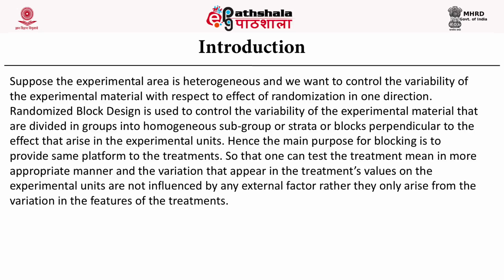Hence, the main purpose of blocking is to provide the same platform to the treatments so that one can test the treatment mean in a more appropriate manner, and the variation that appears in the treatment values on the experimental units is not influenced by any external factor, but only arises from the variation in the features of the treatments.